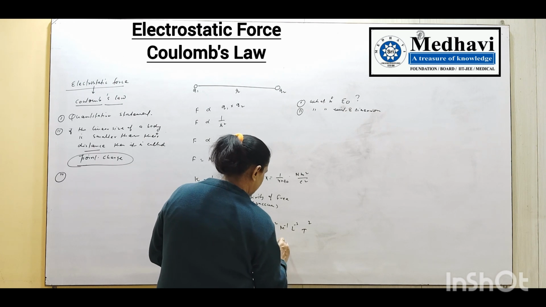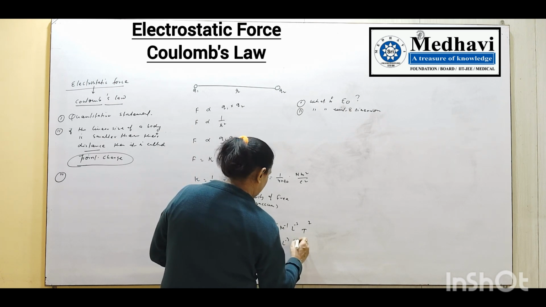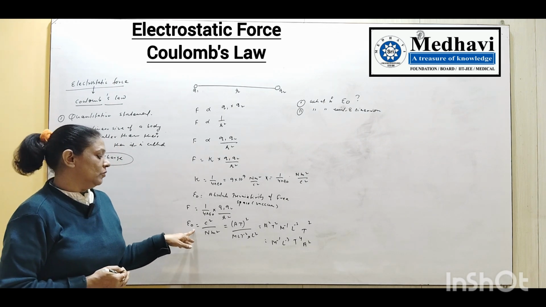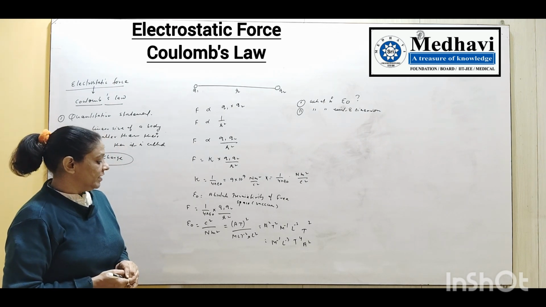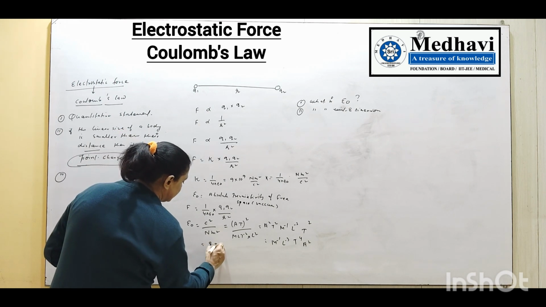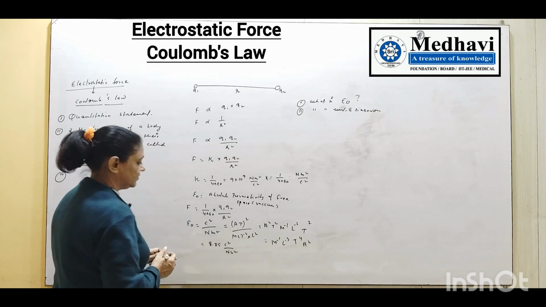So it will be M^-1, L^-3, here T to power 4, A to power 2. This is the dimension of absolute permittivity in the free space, and its value is equal to 8.85 into 10^-12 Coulomb square per Newton meter square.